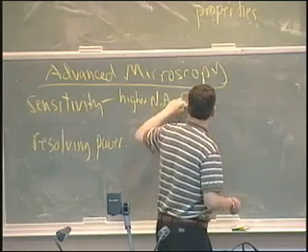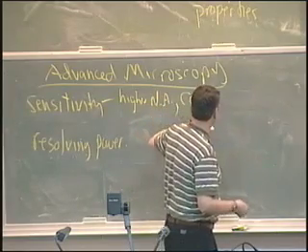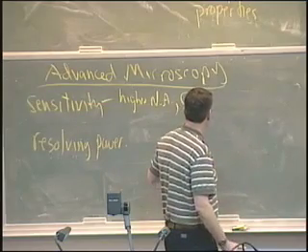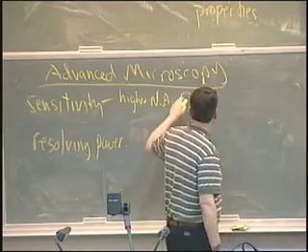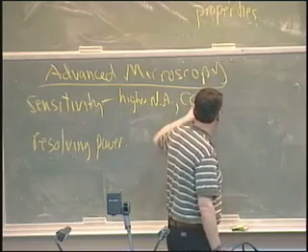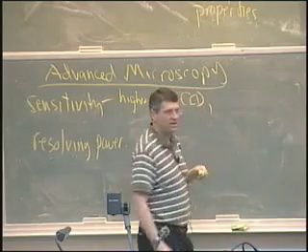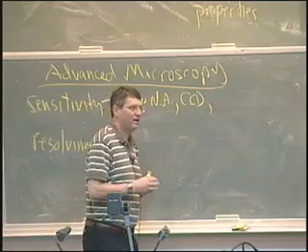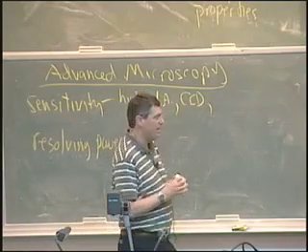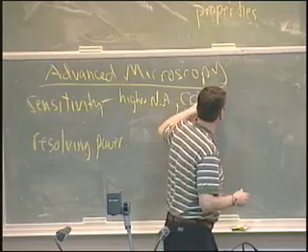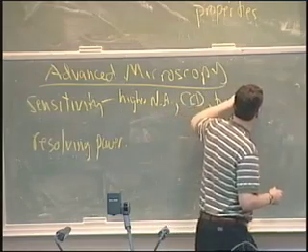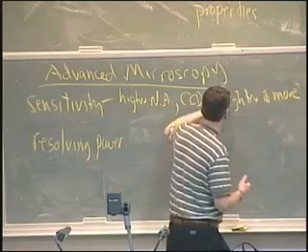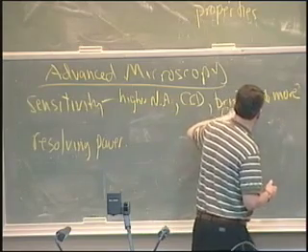Everything is digital these days, so we use CCD cameras, like in your digital cameras that you probably use for your own snapshots and whatnot. So higher sensitivity CCD cameras, and that's on the instrumentation side. And then there also are brighter and more stable fluorescent probes for fluorescent microscopy.